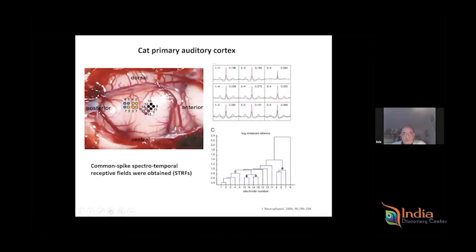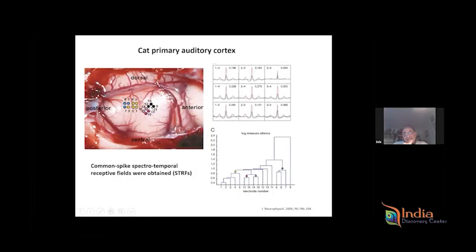Of course, the animal experiment is much easier to carry out. So this group had a cat, and two pairs of electrodes were put over the auditory field.